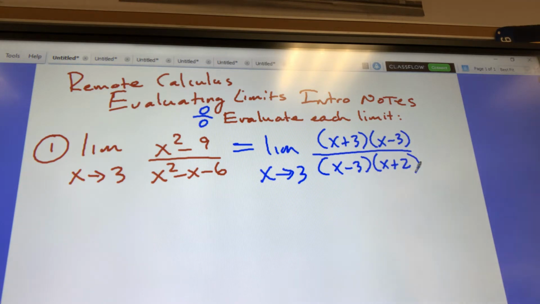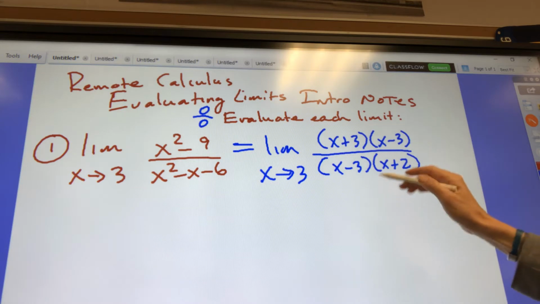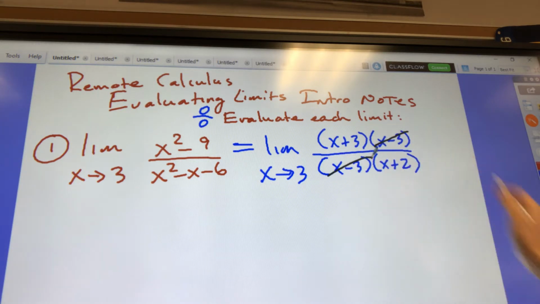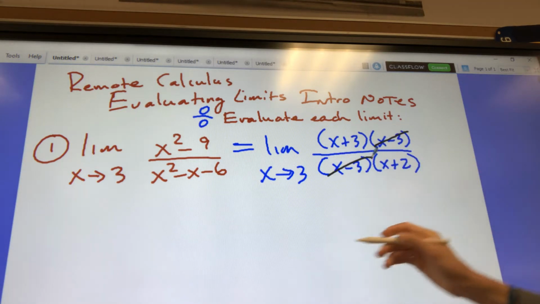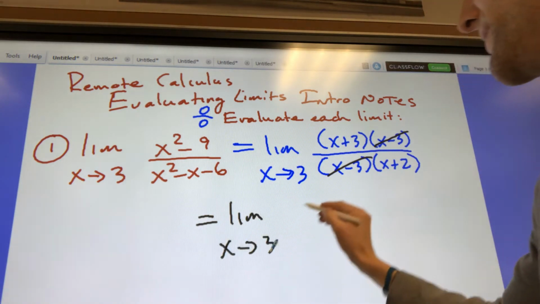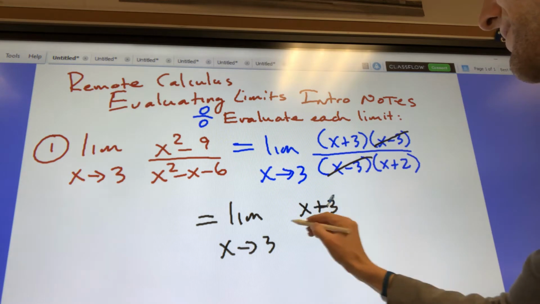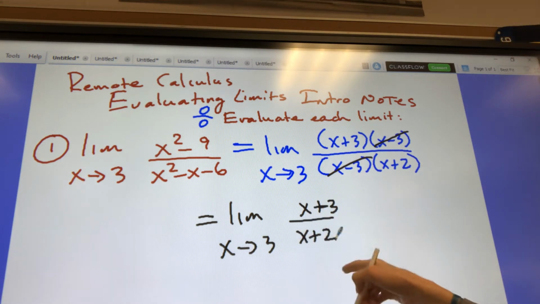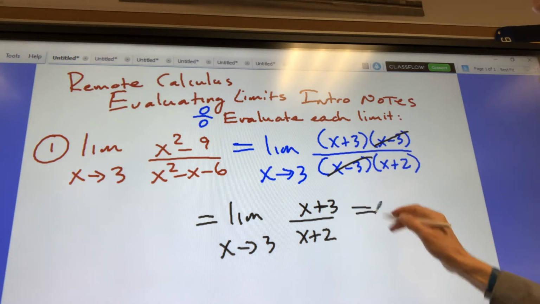Then we notice that the x minus 3's will cancel, which is great. It was causing the issue in the denominator. So now we have the limit as x goes to 3 of x plus 3 over x plus 2. Now when I plug 3 in, I do not get 0 over 0. In fact, I can now plug 3 in.